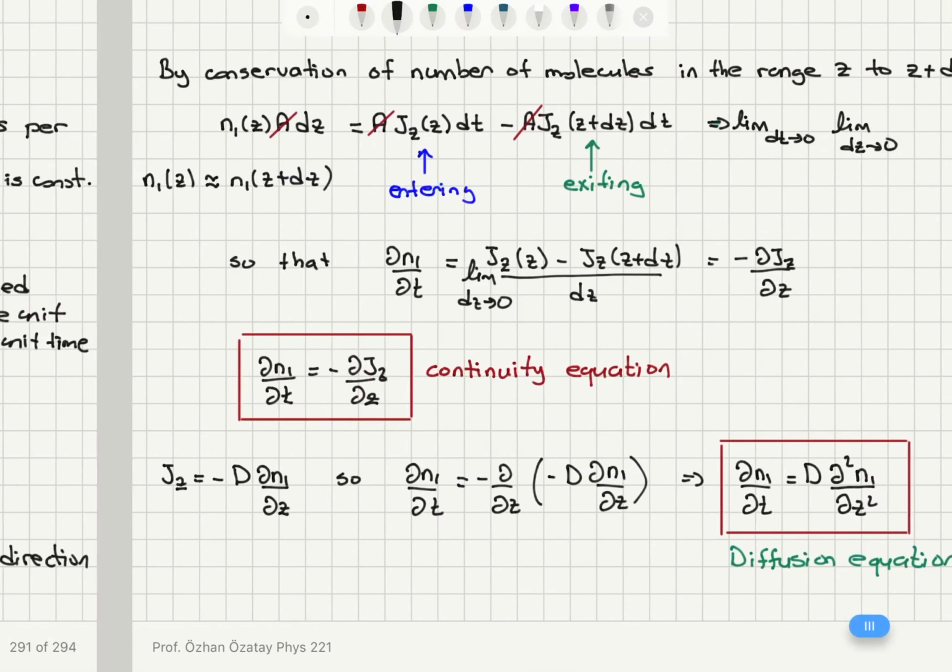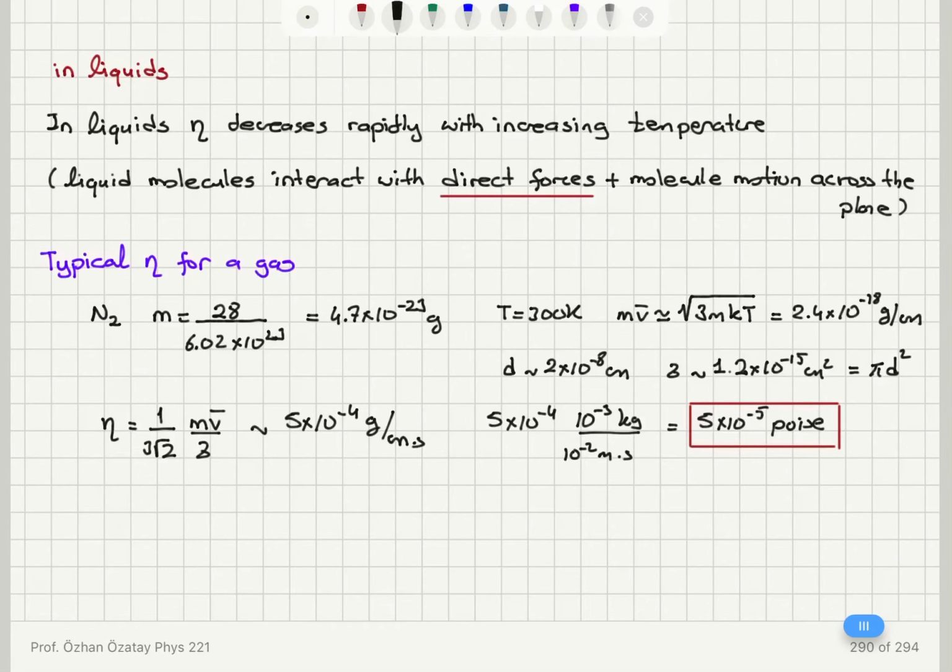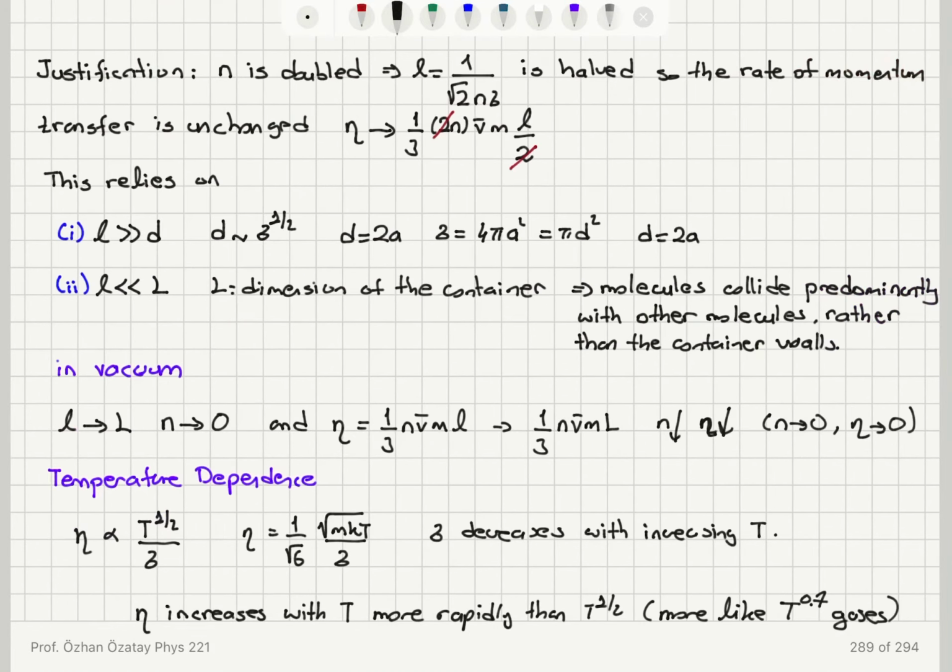So this is the same calculation I did for viscosity, where I have used these parameters. So I have found that 5 times 10 to 4 meters per second is the mean speed, and 3 times 10 to minus 5 centimeters was the mean free path.